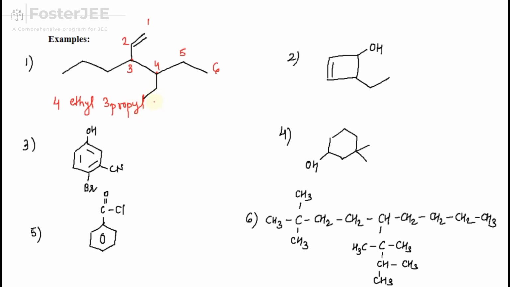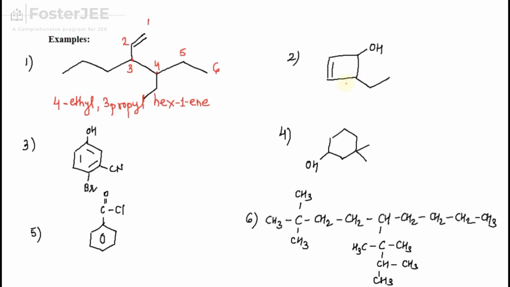Here the root name is hex. The suffix is "ene" because one double bond is present at the first carbon, and the position of the double bond is 1. So the name of the compound is 4-ethyl 3-propyl hex 1-ene.